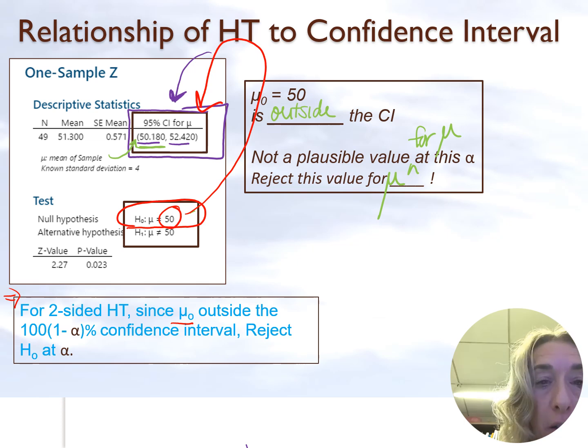So you reject it. This alpha is the same as that alpha.